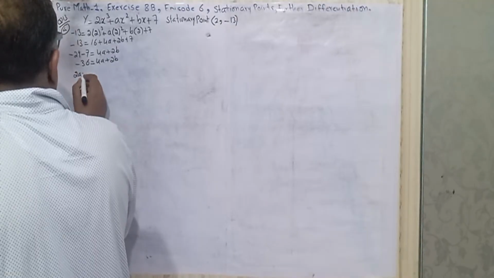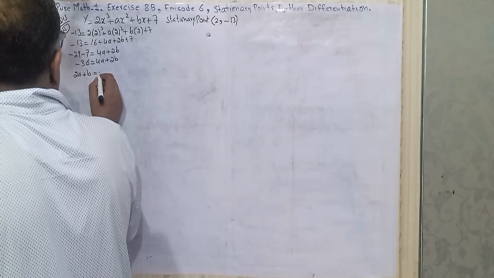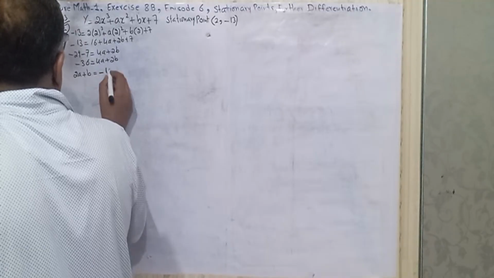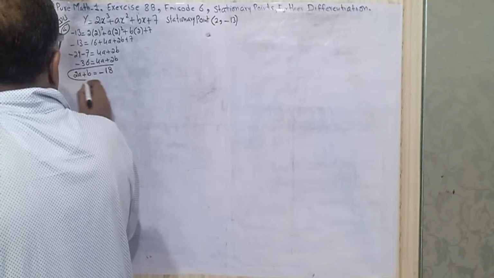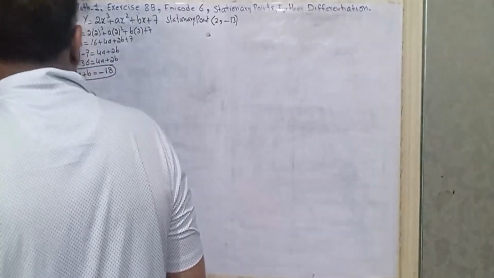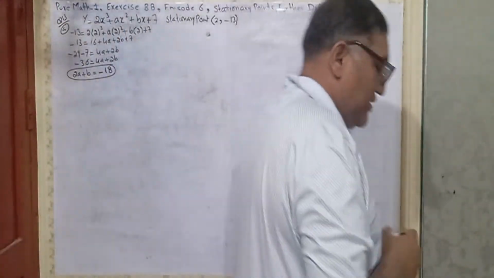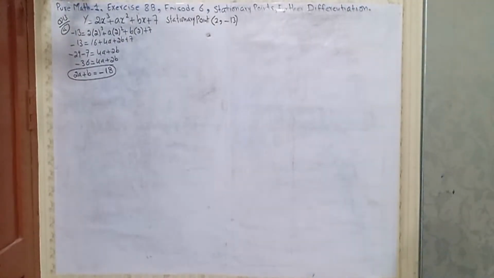So you have 2a plus b equals -18, and this is my first equation. Checking: -13 minus 16 is -29, and -29 minus 7 is -36. Yes, that's right.